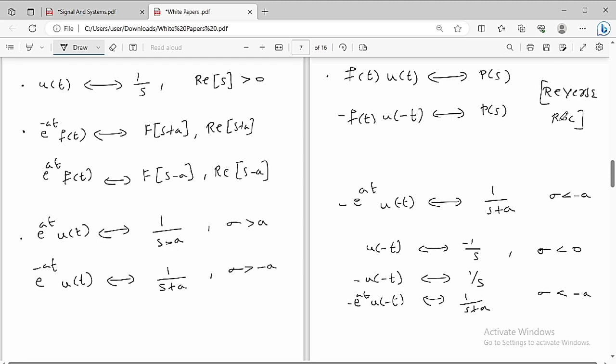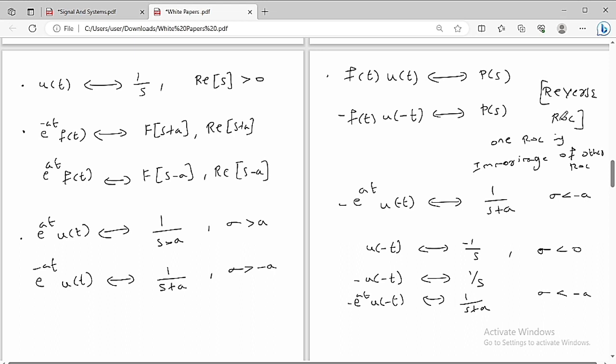So this point you have to keep in mind: one ROC is the mirror image of the other ROC.